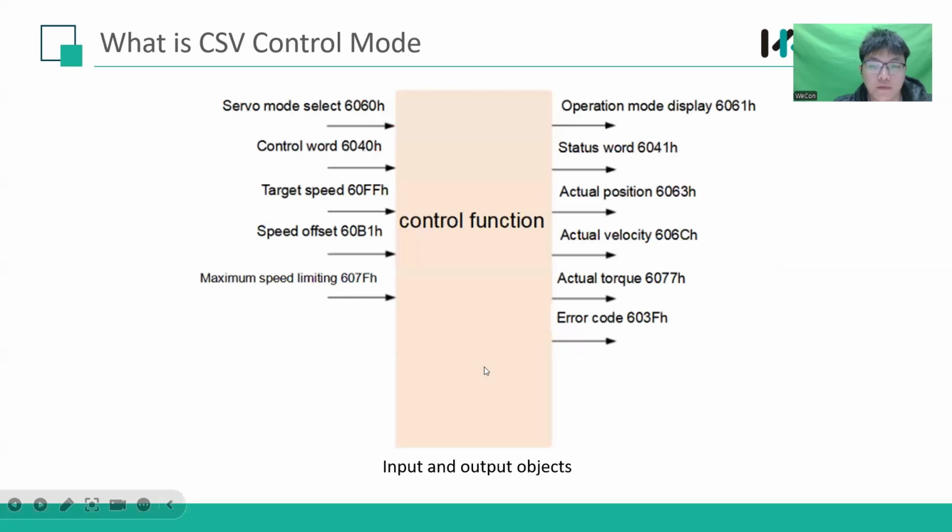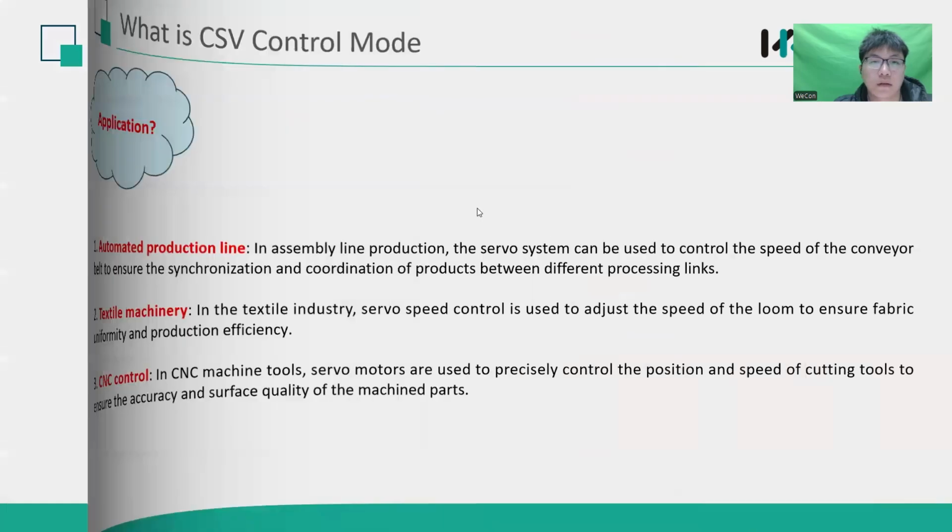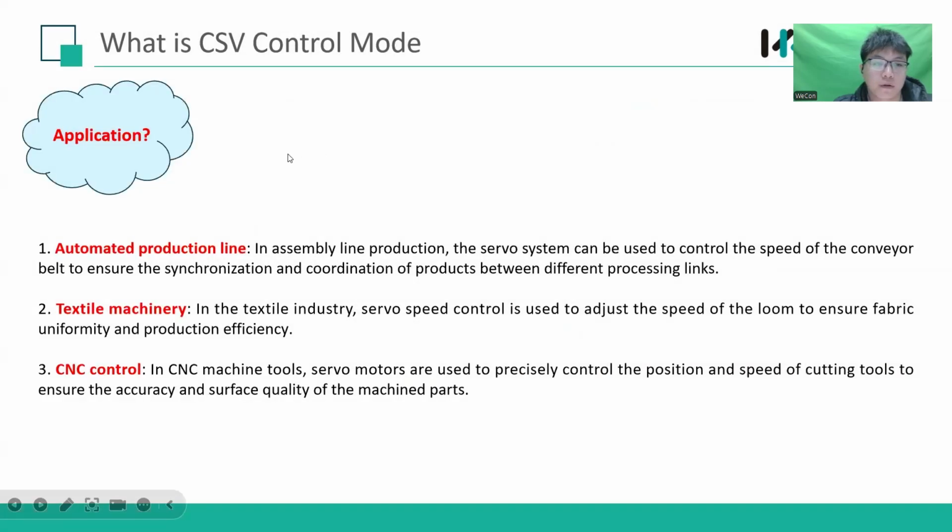Here I have some relative object dictionary objects of the CSV control mode, and I will introduce them one by one later. Some applications for CSV control: almost all applications that need speed control can use CSV control.